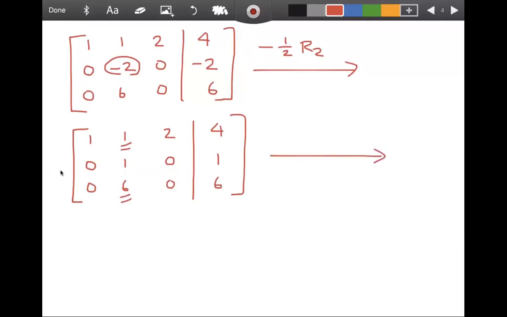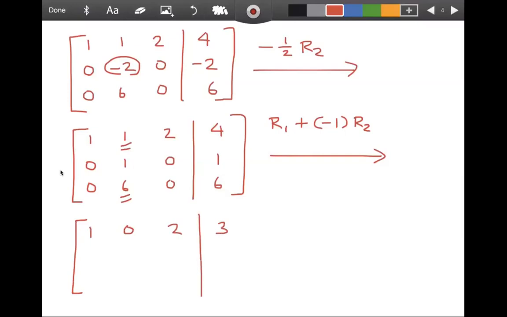First, we need to change row 1, and we're going to change row 1 by adding to it -1 times row 2, or if you prefer, just row 1 minus row 2. So the new row 1 will be 1 minus 0, which is 1. 1 minus 1 is 0. That was the whole point. 2 minus 0 is 2. 4 minus 1 is 3.